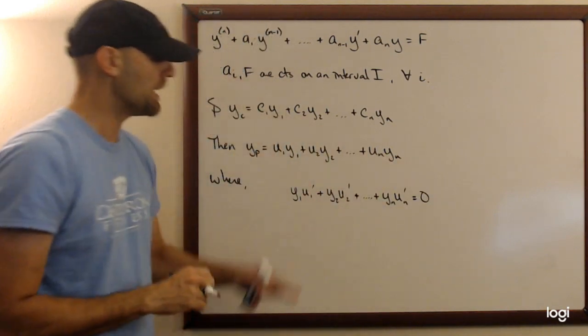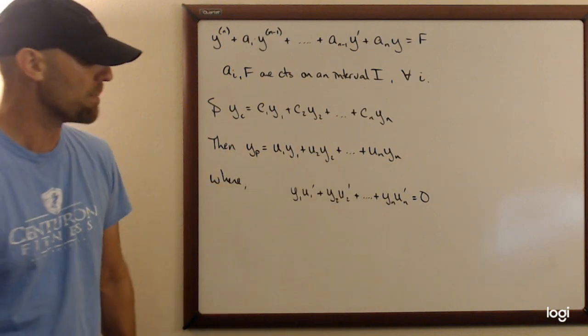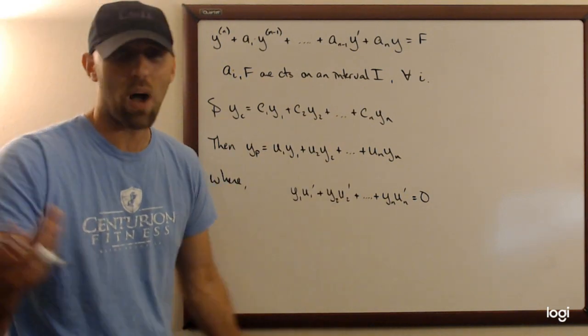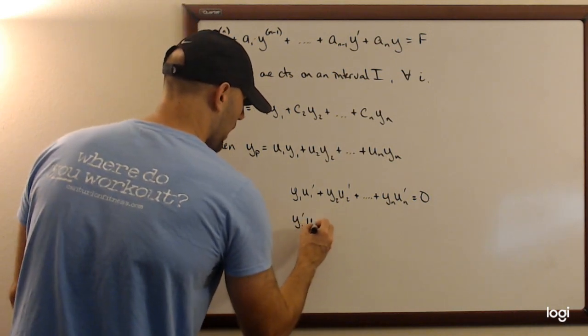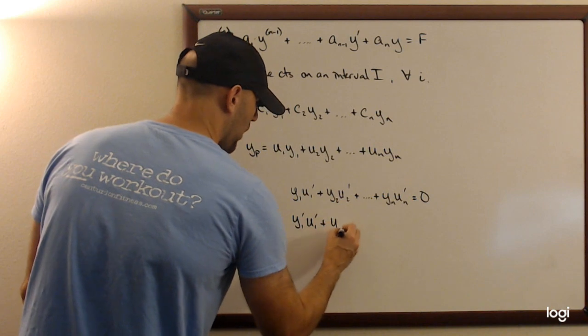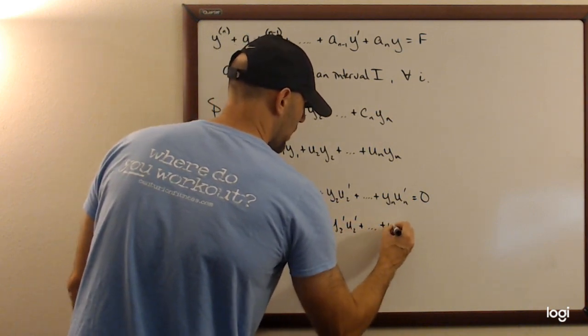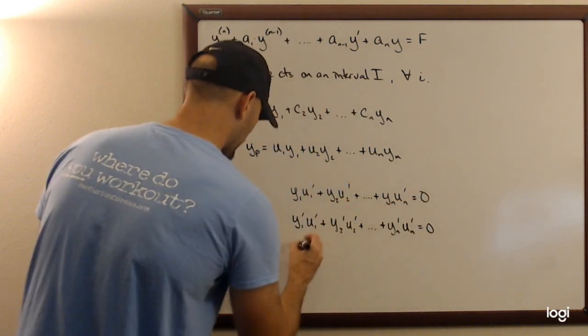Now, I need n minus 1 more equations. The way I make the next equation is just to take a derivative of all the y's. So my next equation will be y1 prime u1 prime plus y2 prime u2 prime, etc., plus yn prime un prime equals 0.